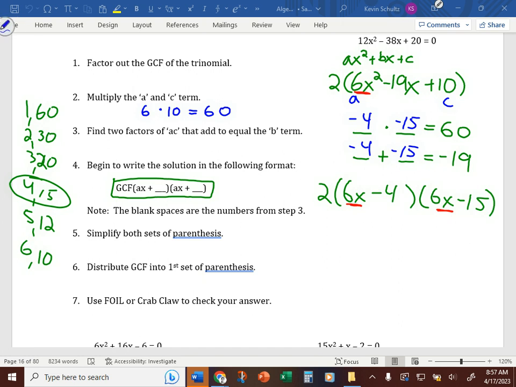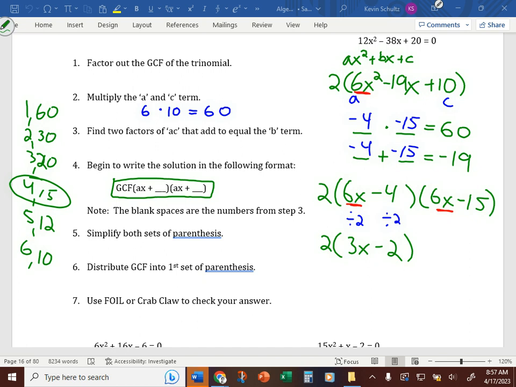Step 5 is where we look at both sets of our parentheses and say, what can I simplify them by? What can I take out of 6x and 4? 2. Divide by 2. And that's going to make this 3x minus 2.